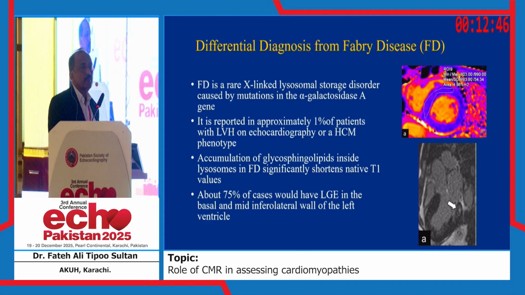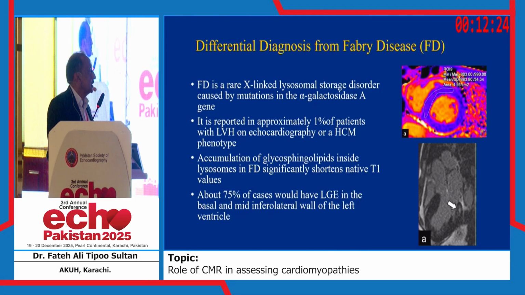The differential diagnosis of hypertrophic cardiomyopathy is mainly Fabry's disease. Fabry's disease is a rare X-linked lysosomal storage disorder caused by mutations in the alpha-galactosidase A gene, and it is reported in approximately 1% of patients with left ventricular hypertrophy on echocardiography or a hypertrophic cardiomyopathy phenotype.